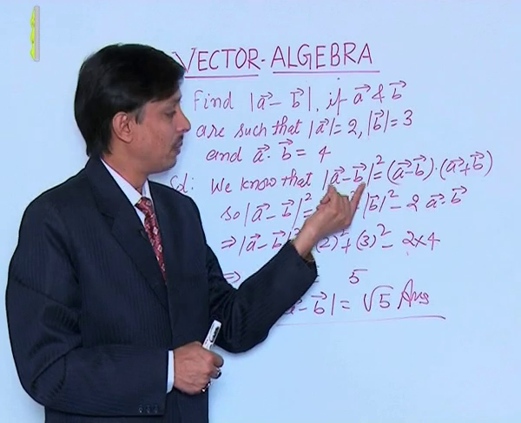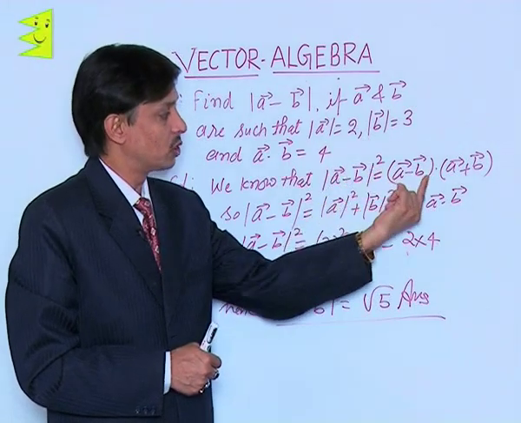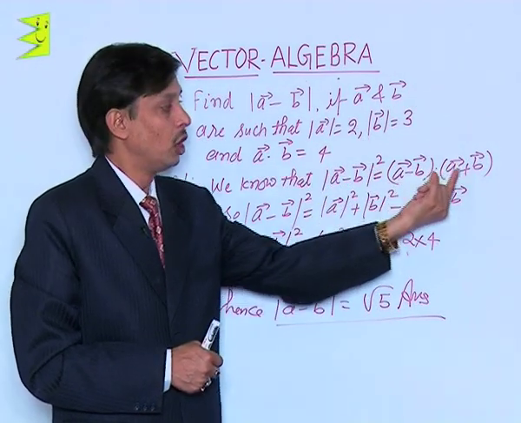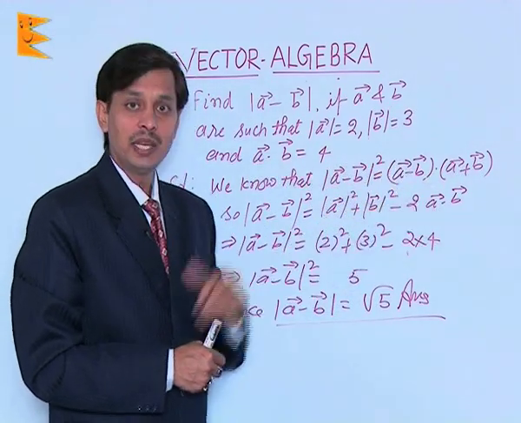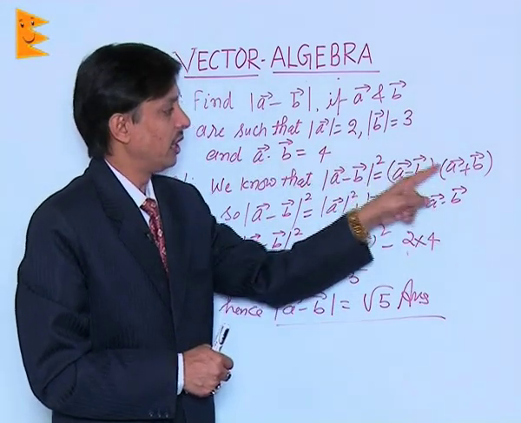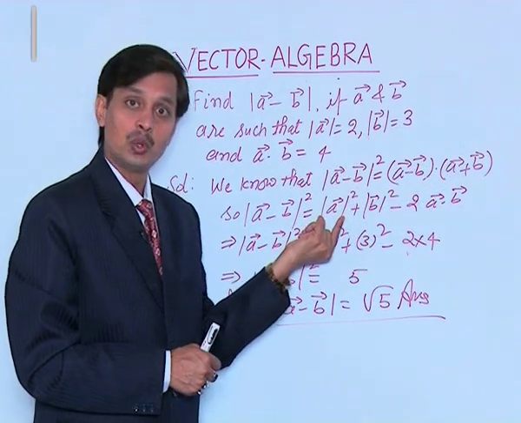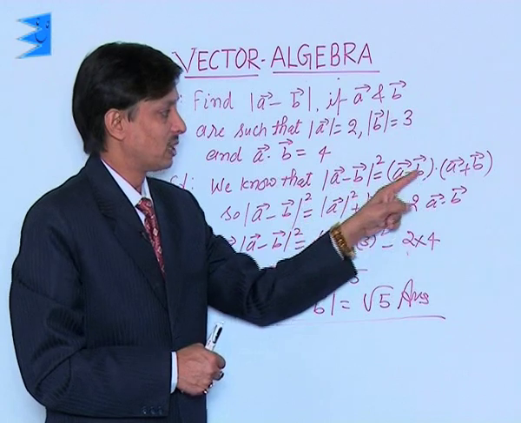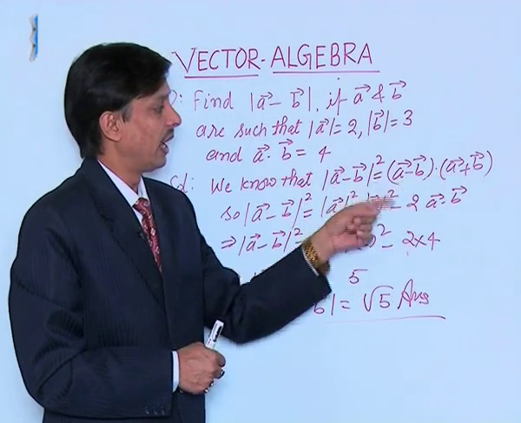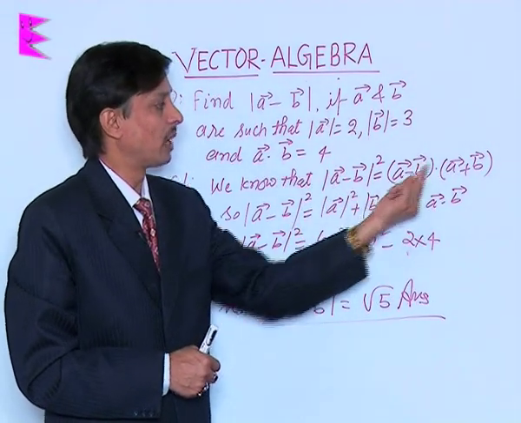Magnitude of A minus B whole square is equal to vector A minus vector B dot vector A plus vector B. If you multiply and simplify, vector A dot vector A is magnitude A square, vector A dot vector B minus B dot A, and then comes vector B dot B, magnitude B whole square.